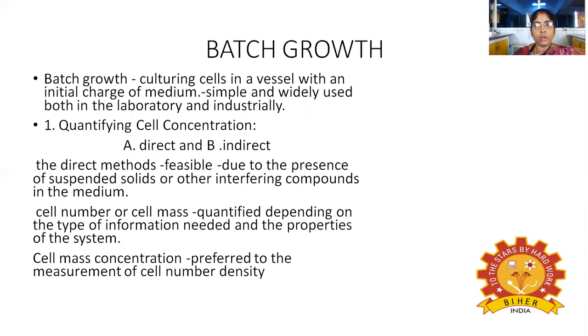When we inoculate the organisms in a particular medium for their growth, it might be a batch, fed batch, semi-continuous, or any form of continuous culture. So how is it being cultured? Here the microorganism is cultured in a vessel where the cell utilizes the nutrient medium for its growth.